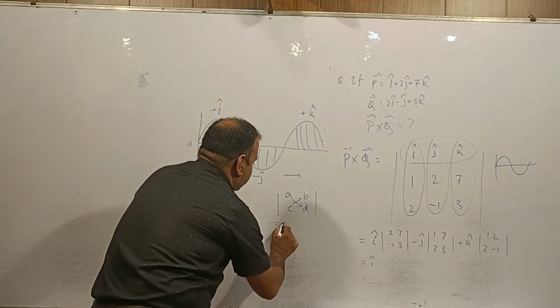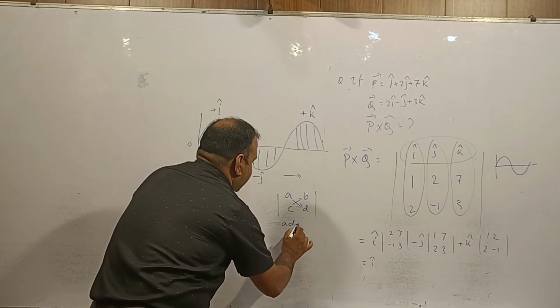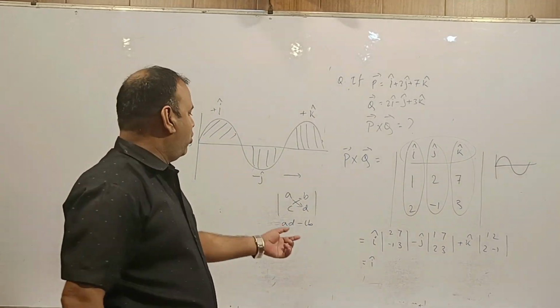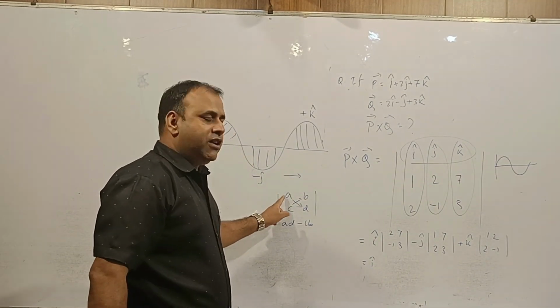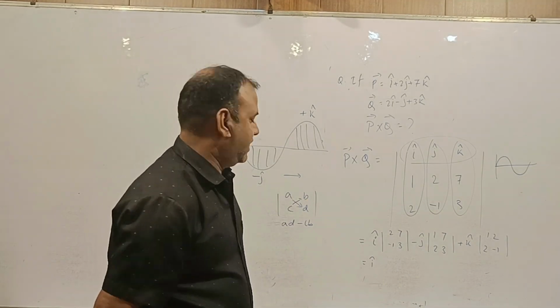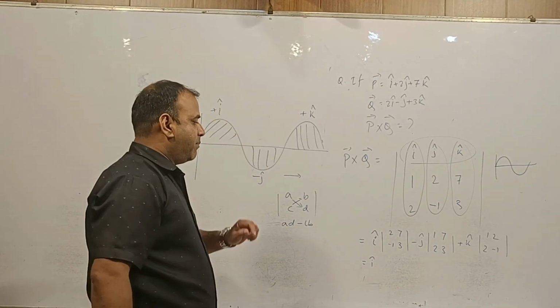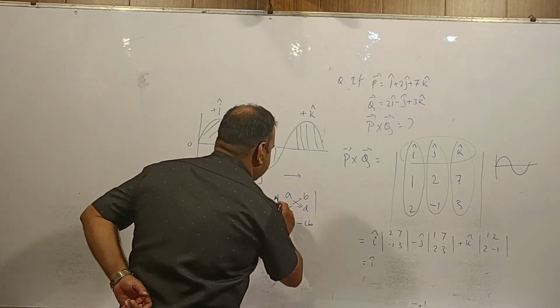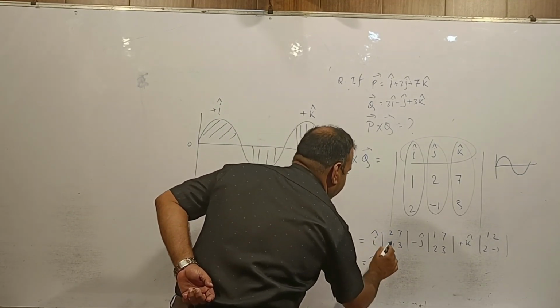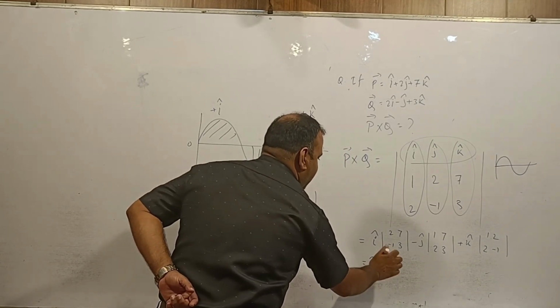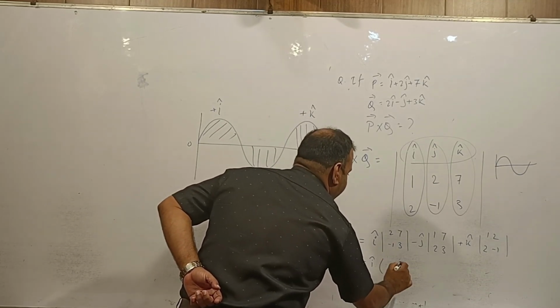So this is the formula: AD minus CB. AD minus CB. This is a rule. First you have to multiply A and D, minus C and B, not B and C. So this is the rule you remember. So here 2 into 3 will be 6, minus, and here 1 into 7 will be 7.